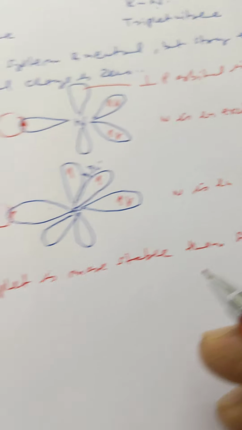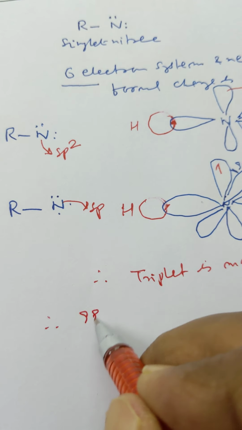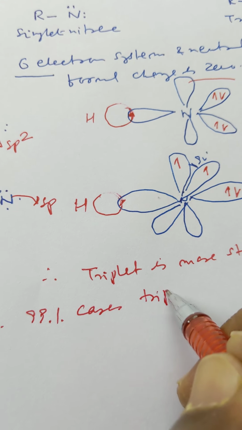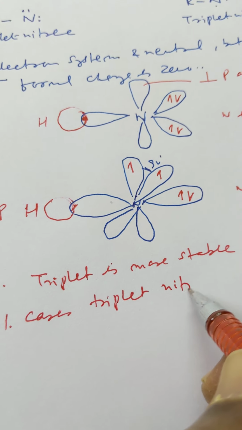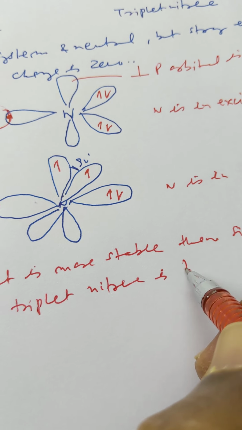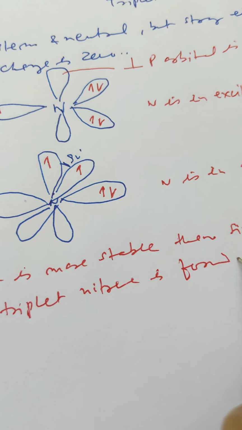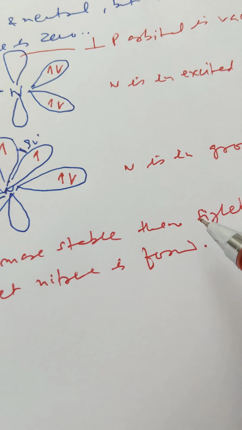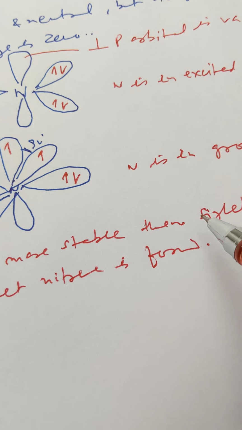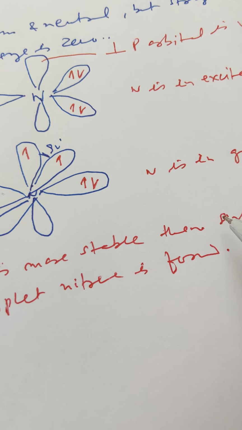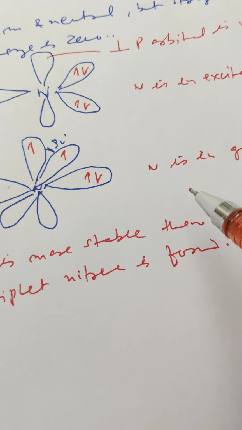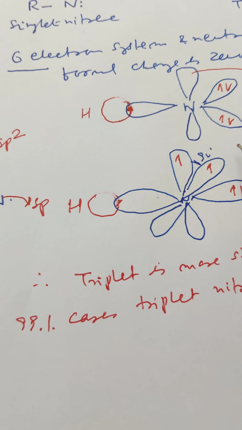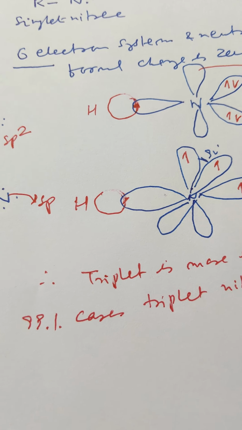Therefore in 99% cases triplet nitrene is formed, because singlet nitrene is thermodynamically unfavorable and its half-life period is very less. You can say that most of the nitrenes formed are triplet nitrenes. Singlet nitrenes are not formed because their stability is very, very less.